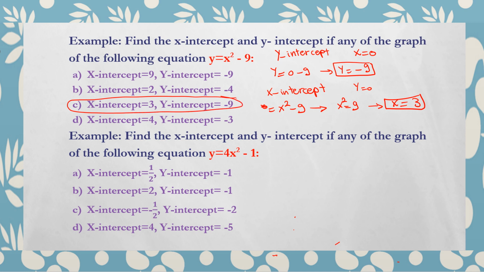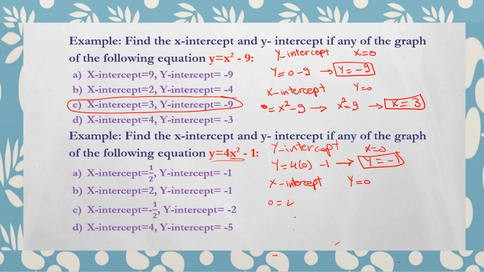Another example, find the x-intercept and y-intercept, if any, of the graph of the following equation. Again, y-intercept: x equals 0. So y equals 4 times 0 minus 1, then y equals minus 1. And for the x-intercept, we set y equals 0.